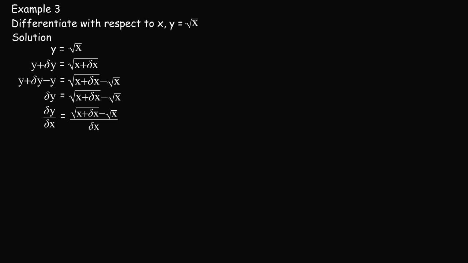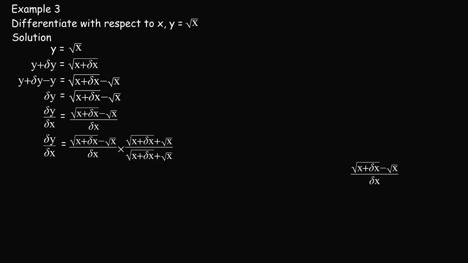Now, multiplying the numerator and the denominator on the right hand side with the conjugate, our equation becomes delta y over delta s will be equal to the square root of s plus delta s minus the square root of s, divided by delta s, times the square root of s plus delta s plus the square root of s, divided by the square root of s plus delta s plus the square root of s.